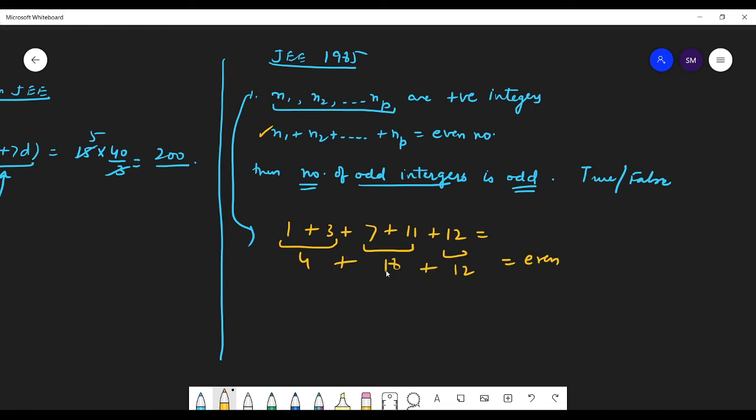So will the number of odd integers be odd? Can it be possible? No, sir, that is not possible. So that's false, because if you want even, either you need an even number or you need two odd numbers.